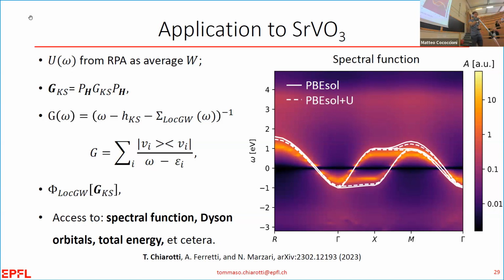So the curvature with respect to CRPA, in some sense. But here we are completely justified, since we are doing localized GW, to take RPA. And the really interesting thing is that in metals it was like this.